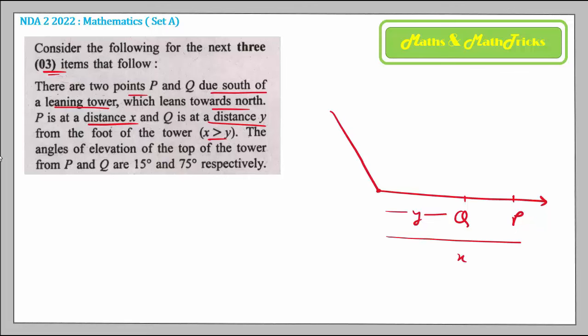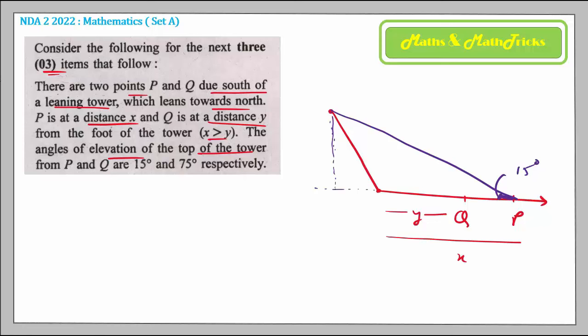And the angles of elevation of the top of the tower from P and Q points. So here is the top of the tower. Okay, I can put here the perpendicular because the tower is not straight, it is leaned. Okay, so we have got that there are 2 points P and Q for which the angle of elevation for this top of the tower from the point P, this angle of elevation is given to be 15 degrees.